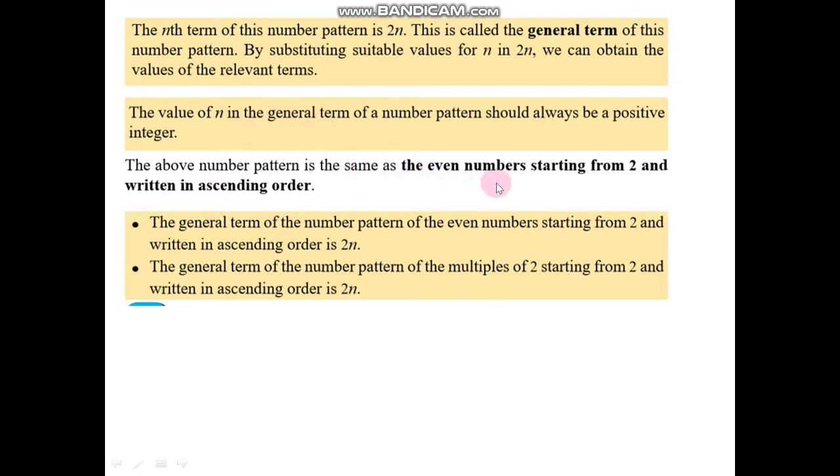So the general term of the number pattern of multiples of 2 starting from 2 and written in ascending order is 2n. Even numbers and multiples of 2 are both the same.